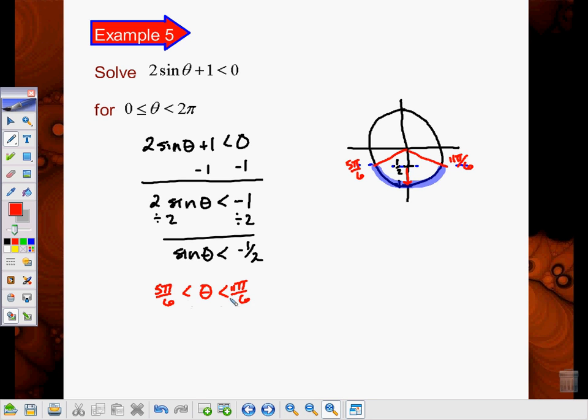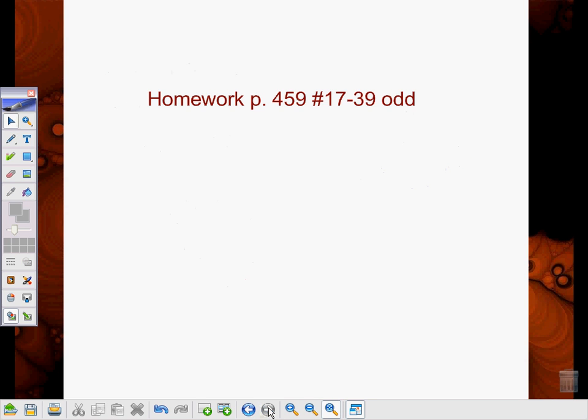And I don't say greater than or equal to or less than or equal to because this is strictly less than. Okay? So we can see that on our diagram here, it has to be greater than 5 pi over 6, but then I have to stop before I get to 11 pi over 6. And that would be my solution set. So with inequalities, I think it really helps to draw out the unit circle. Okay? All right, for my FST students, here is the book assignment.